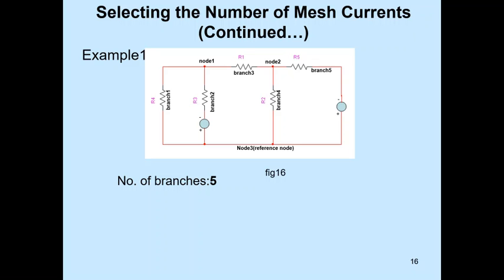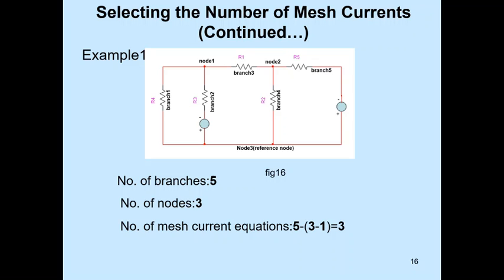So the number of branches is 5, the number of nodes is 3, and the number of mesh current equations is 5 minus 3 plus 1, that is 3. So here we take 3 mesh equations, first identifying them, and then we can solve the problem.